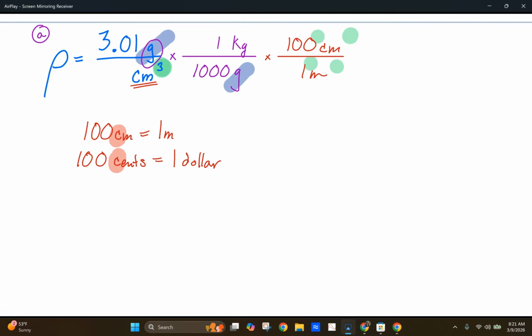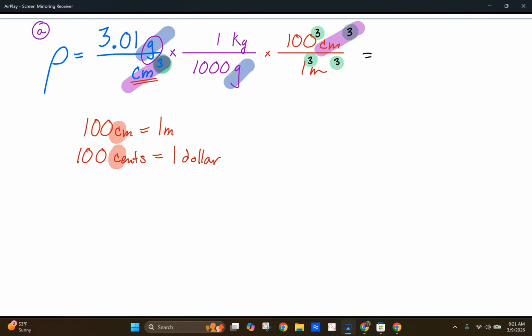And then we also are going to have to cube our conversion. So as long as you cube the conversion, you can cube the units. So our centimeters cubed will cancel out that centimeters cubed. Our grams have canceled out, and we'll get an answer of 3,010 kilograms per meter cubed.